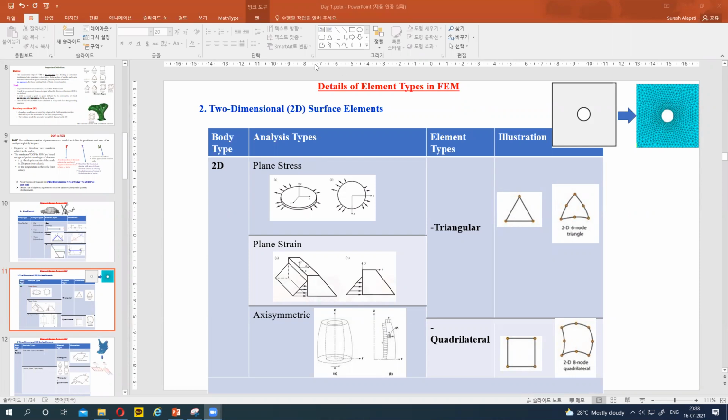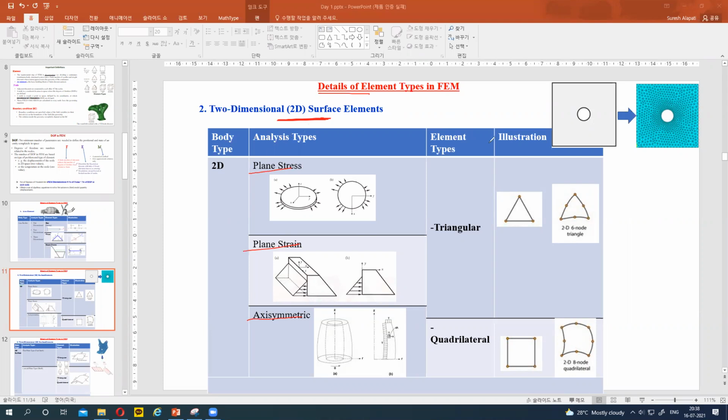So the next type of element is two-dimensional bodies. So two-dimensional surface bodies. When we use two-dimensional bodies, for two-dimensional analysis we can consider plane stress analysis, plane strain analysis, and axisymmetric analysis. So what is plane stress analysis?